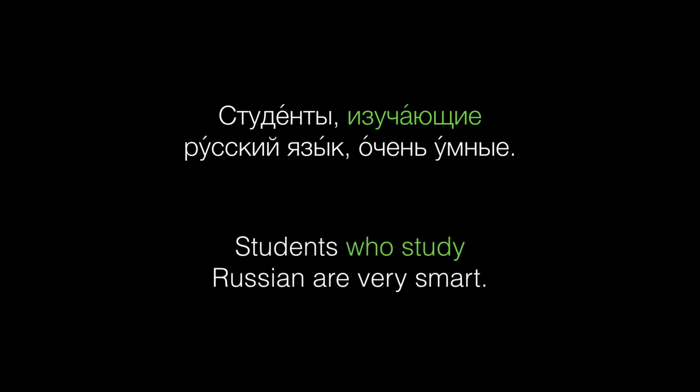Let's start with a few more examples. Remember that these participles refer to someone or something that's doing something, and see if you can figure out the meaning before the translation appears. Студенты, изучающие русский язык, очень умные. Вот фотографии москвичей, читающих газету в метро.